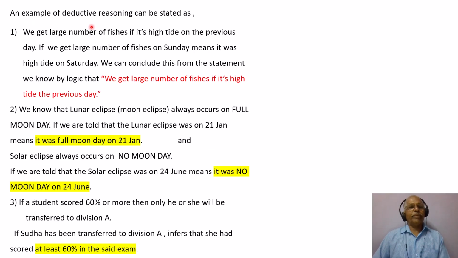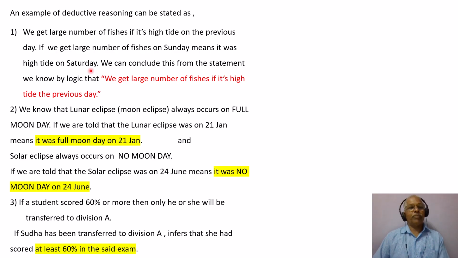So we see some examples here where deductive reasoning has been used. Some simple examples, and see how logic has been used. First one: we get a large number of fishes if it's high tide on the previous day. If we get a large number of fishes on Sunday, it means it was high tide on Saturday.